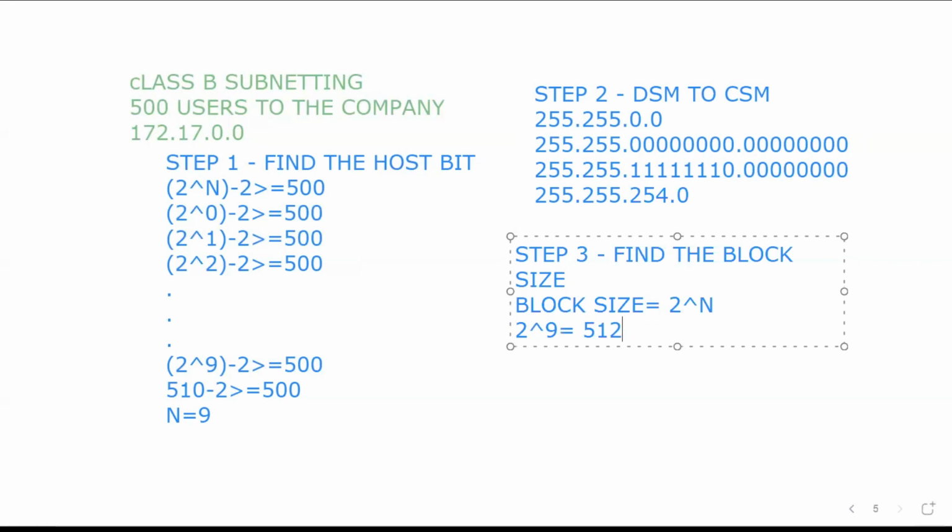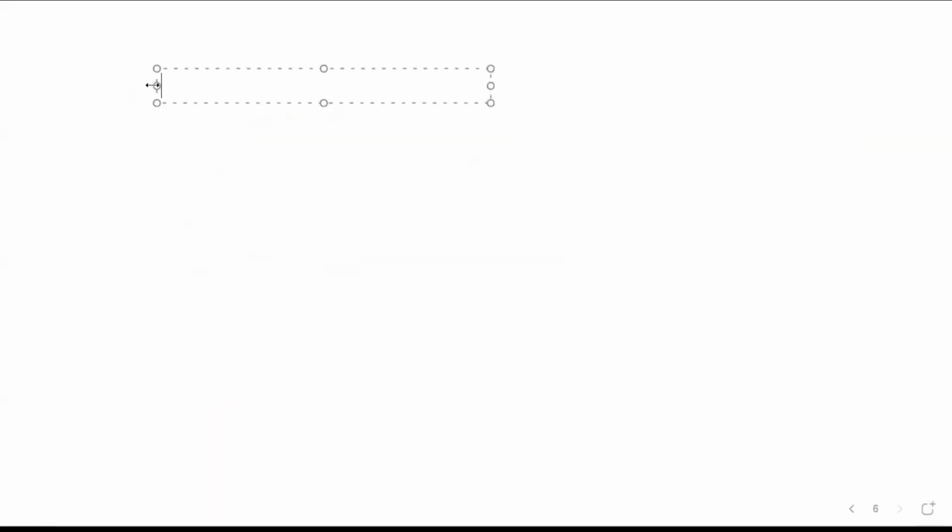So our total IPs will come like 512. Okay. So our IP address starts with 172.17.0.0, which is our network IP, right?